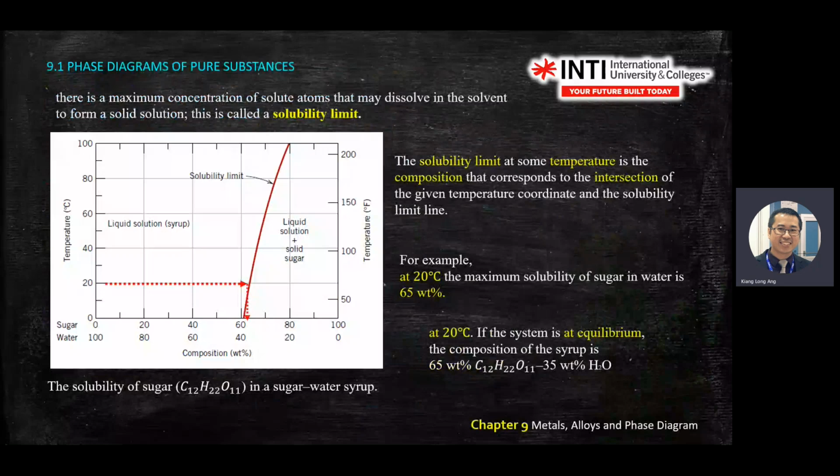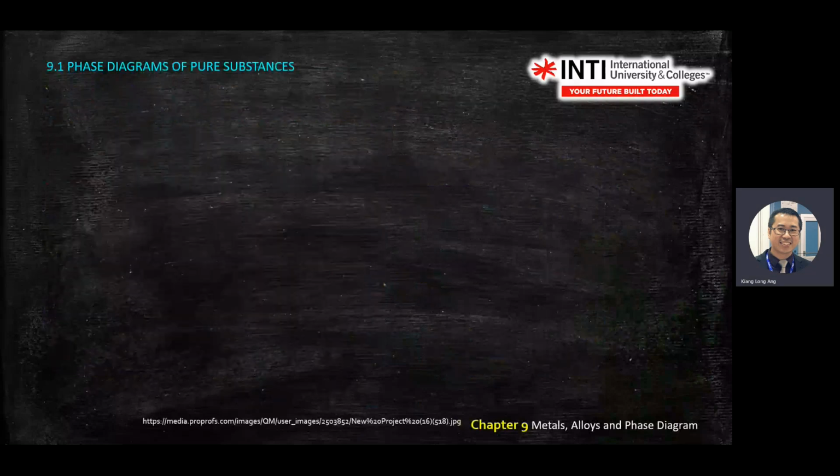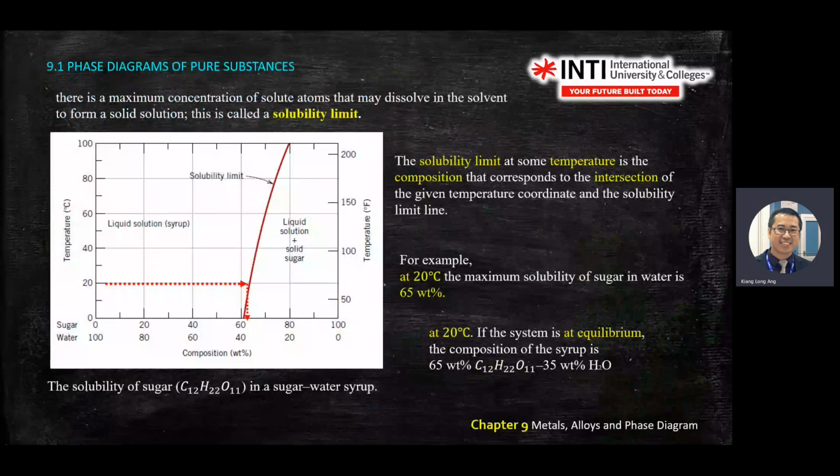Later you need to mention how many percent metal A plus how many percent metal B. Your answer will be how many percent component A, dash, how many percent component B. We only look at two elements. So the first word is solubility limit. The same applies at other temperatures too.